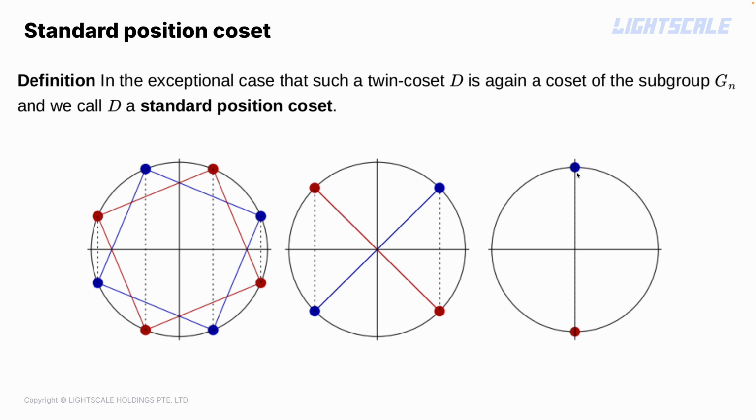And you can see that the standard position coset of size 2 can be only this, for example, because a twin coset should be reflective in x-axis, right? And a standard position coset should also be evenly spaced. So this can be the only standard position coset of size 2.